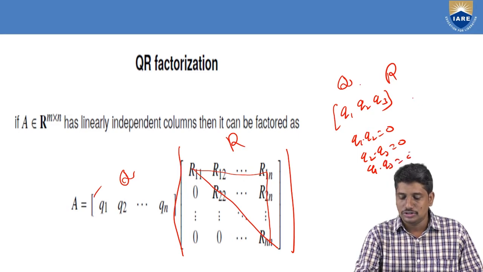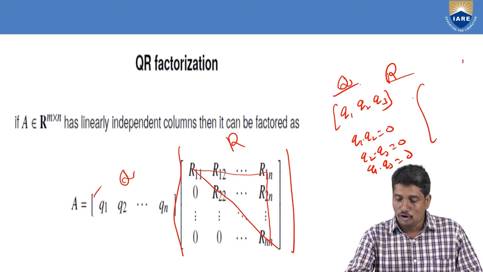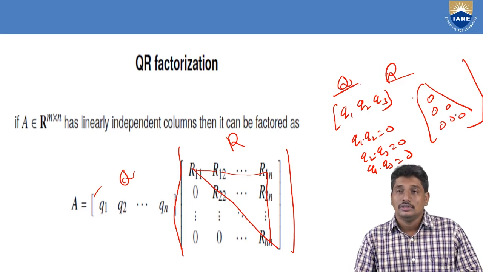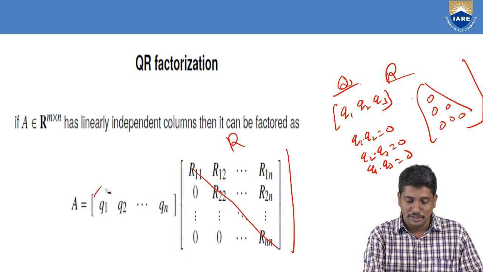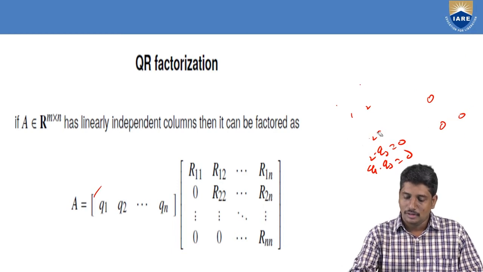Then we say that Q is orthogonal. And R is called an upper triangle matrix if all the elements lying below the diagonal are zeros. So this is what we understand from the meaning of orthogonality and upper triangularity of a matrix.